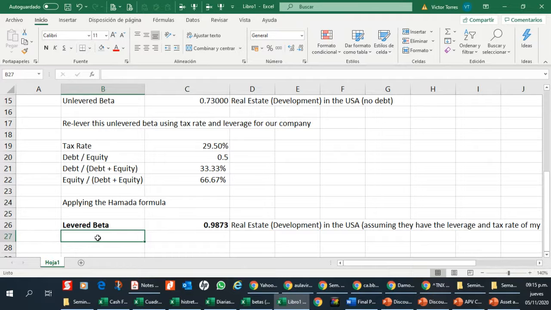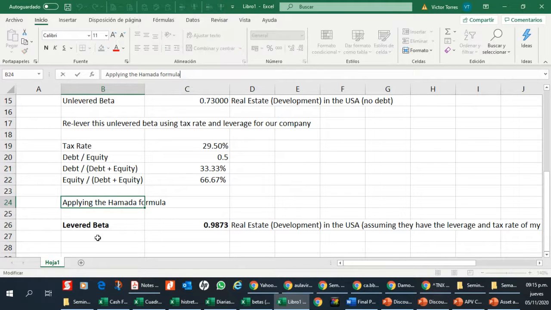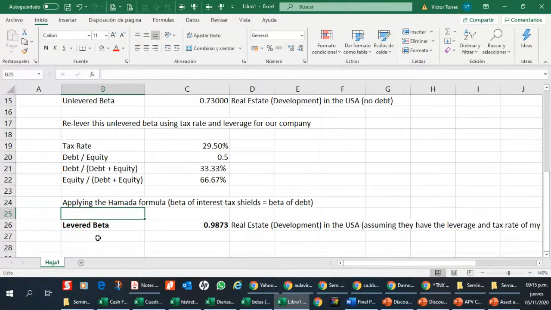So what I was saying is, when we start this analysis and we said that we can apply Hamada's formula, we are going to be assuming that the beta of interest tax shields is equal to the beta of debt. Implicitly, what we are saying is that the risk is low for our debt.